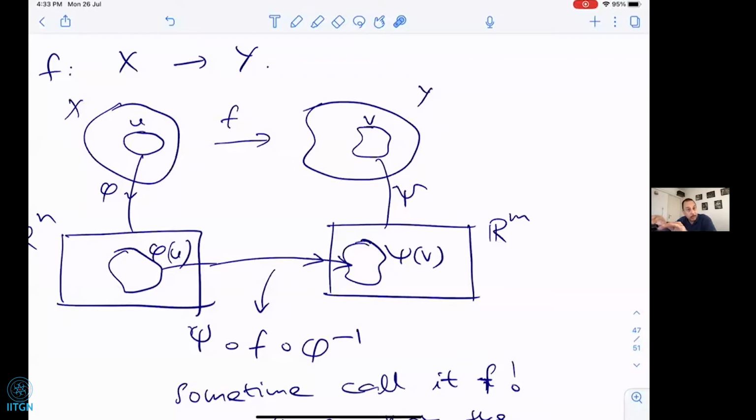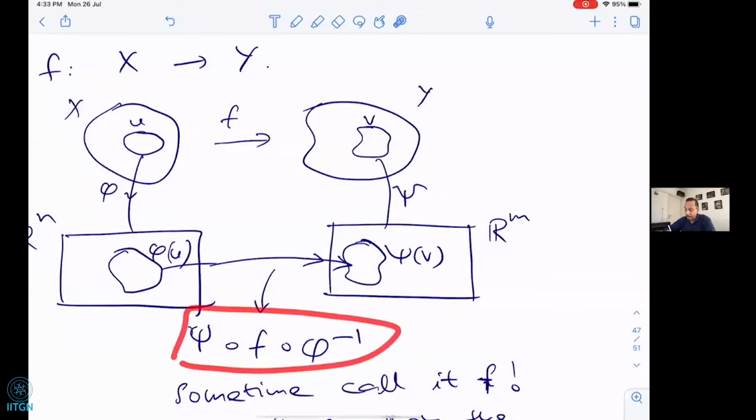The differentiation will always be carried out in Rn. Differentiation of functions is always done in the map from Rn to Rm. But the problem is that saying this function is differentiable requires knowledge of phi and psi. Without that knowledge, I can't relate any property of this function to a property of this function.